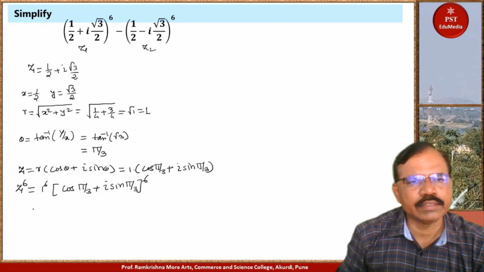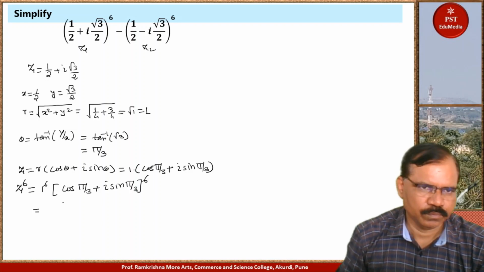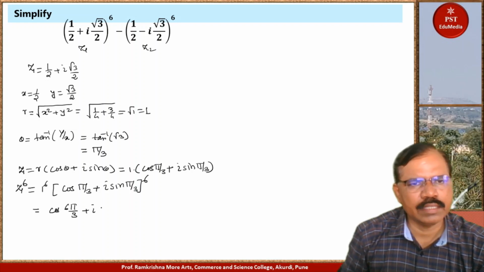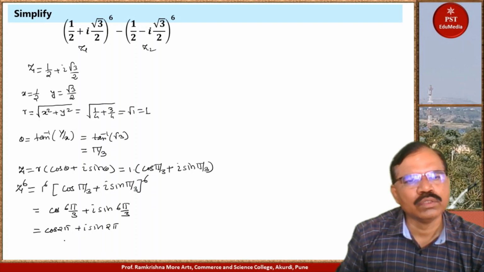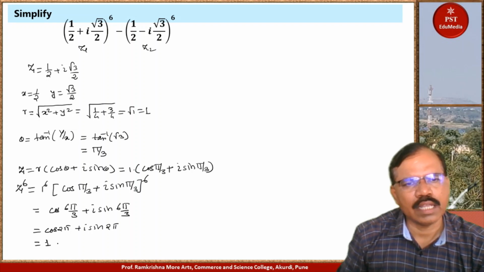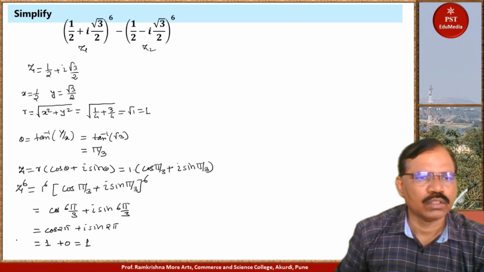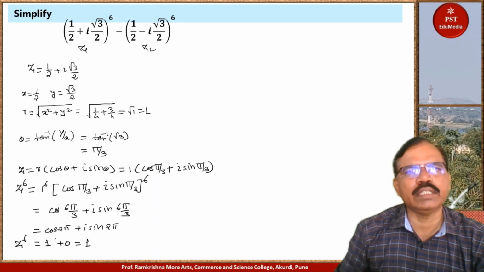So here we will get cos 6 pi by 3 plus i sin 6 pi by 3 using De Moivre's theorem. So it is cos 2 pi plus i sin 2 pi. Cos 2 pi is 1, sin 2 pi is 0, so we get 1. So z1 raised to 6 is 1.